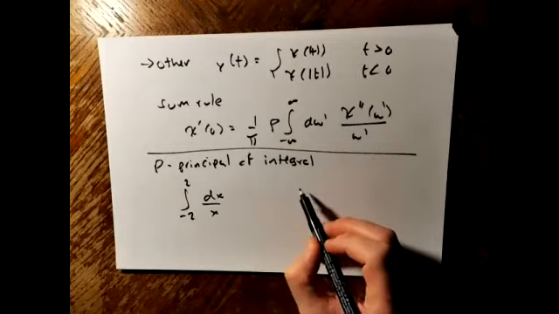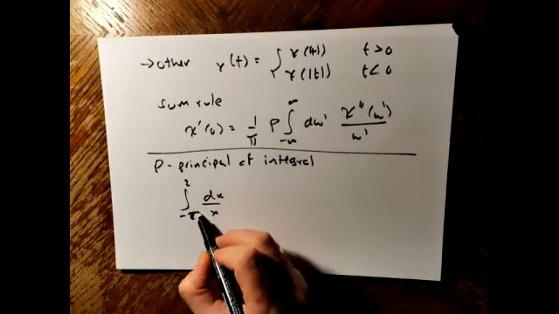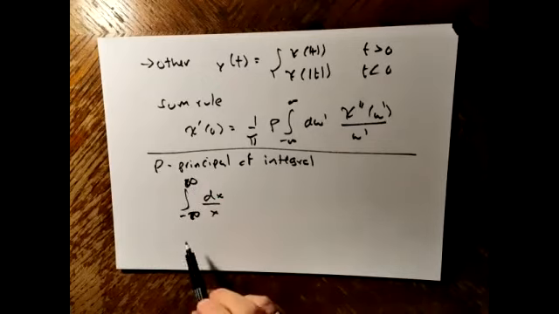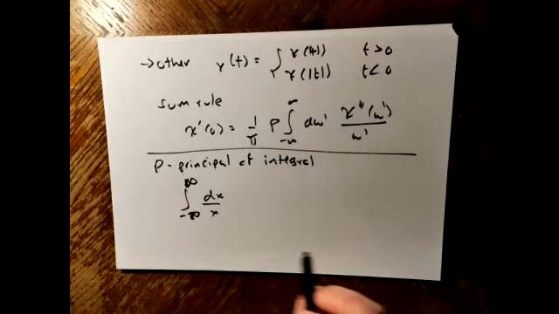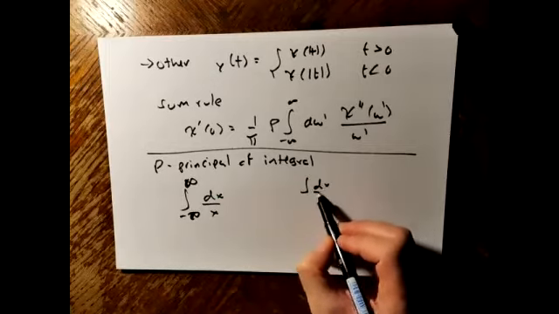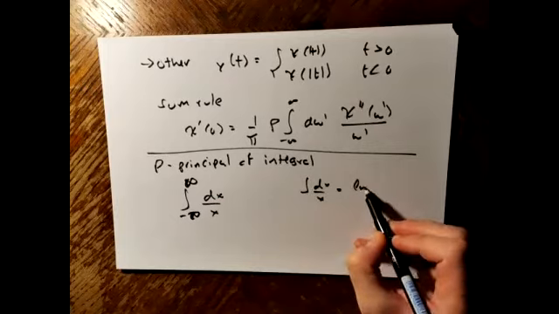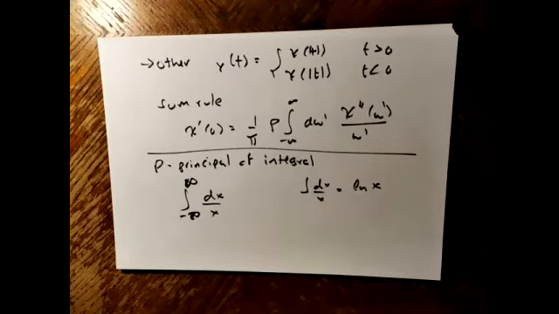Actually, I mean minus infinity to plus infinity. You know that the indefinite integral, if you have no boundaries, is ln x, right? So it looks like we should be able to do this, but it's not so simple.